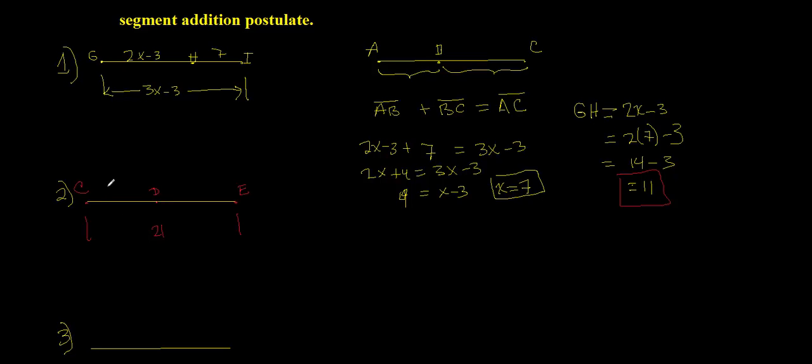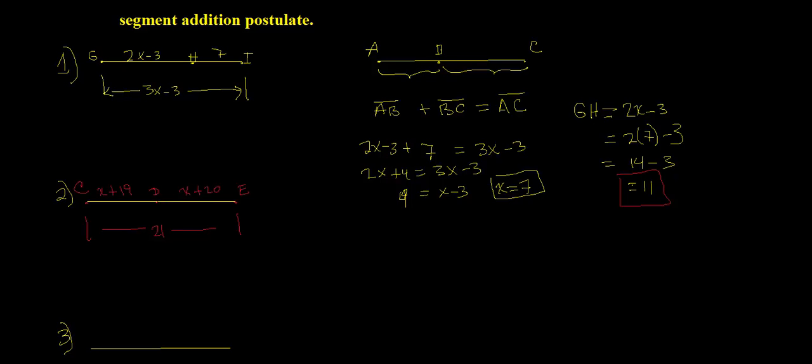So this length is 21. This over here is given that it's x plus 19, and the other part x plus 20. Again, applying the rule of segment addition, so we're going to sum these segments up, which we get, let me go back to a different color here.